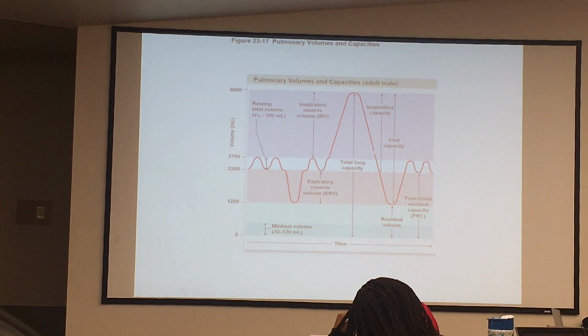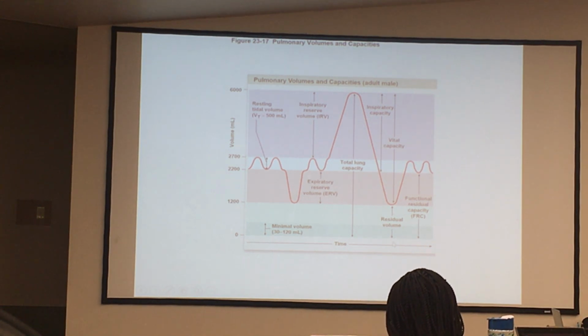And if we push all the air out, our lung is not completely collapsed. We still have something, you just cannot push it out. We call that residual volume. So our total lung capacity equals VC, vital capacity, plus residual volume.